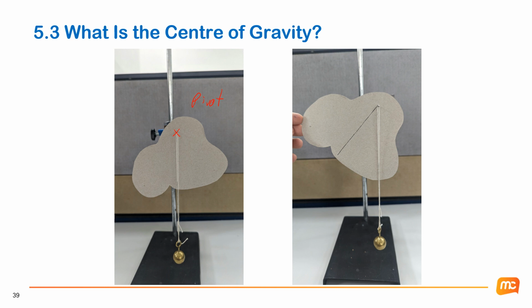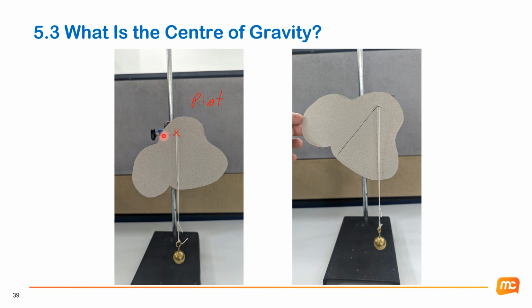After this, we also hang a weight on a string. This mass that we are hanging is there because the string will be vertical, and this tells us the direction which weight is acting upon.